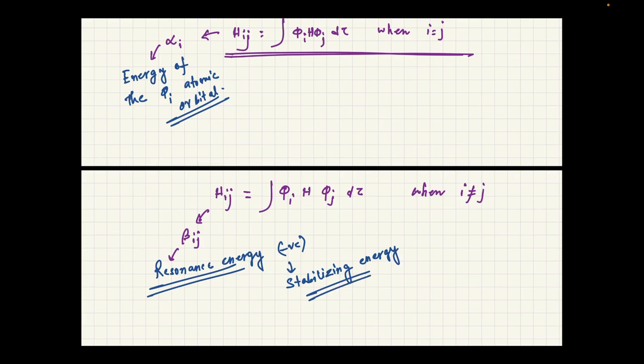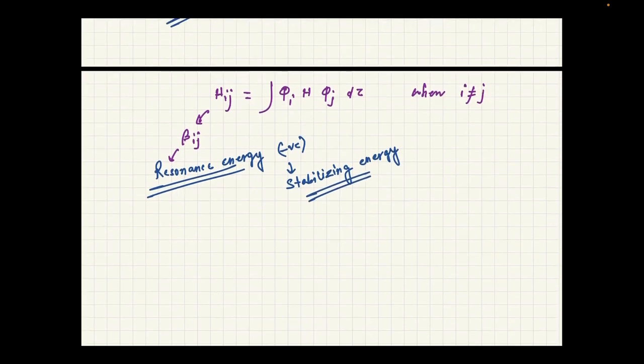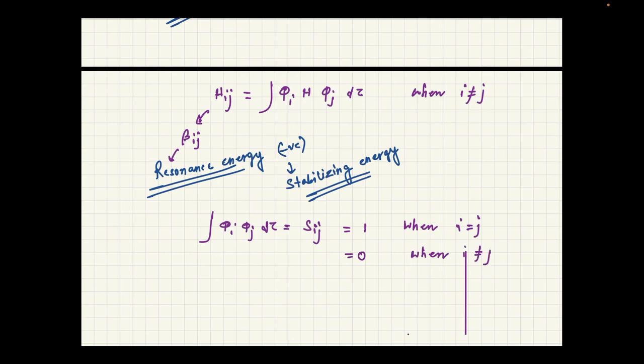And another term will be like this: the integral of phi i phi j d tau, Sij, will be 1 when i equals j, and will be 0 when i is not equal to j. So this is Huckel's approximation.